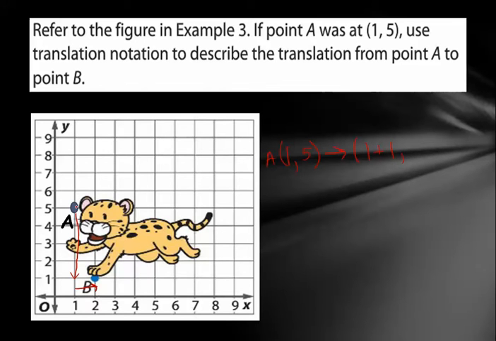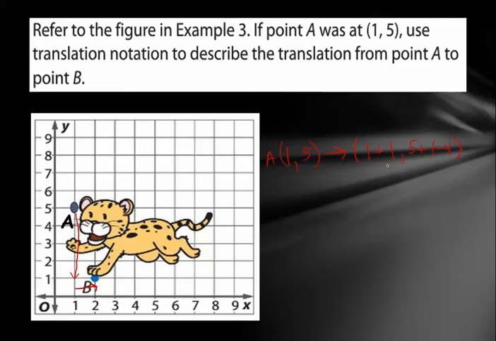And our Y value was 5 in the original position of (1, 5). And we went down some, so we know we had to subtract, or we add a negative. So we're going to add a negative number: 1, 2, 3, 4. So we add a negative 4.